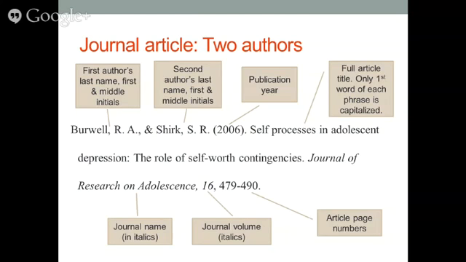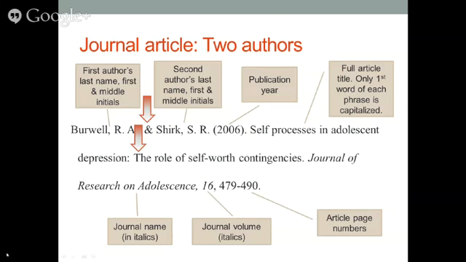Now the publication year is formatted in parentheses exactly like it was for an article with 1 author. So there should still be that space before the parenthesis, and there should still be that space after the period. Then you should have the entire title, same rules as before, only capitalize the first word in each part of the title.